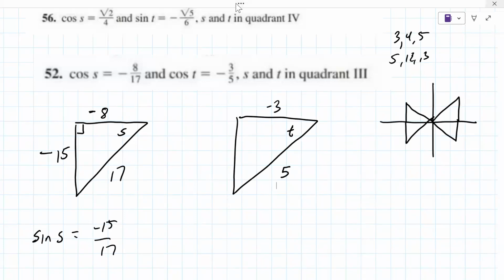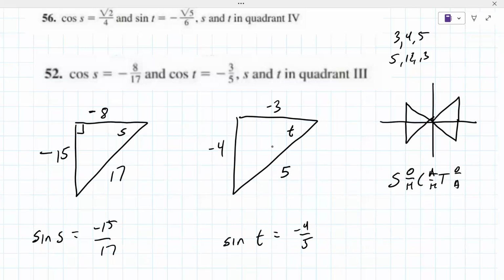Negative 4. So what is sine T? Sine T is opposite over hypotenuse, so negative 4 over 5. Yeah.